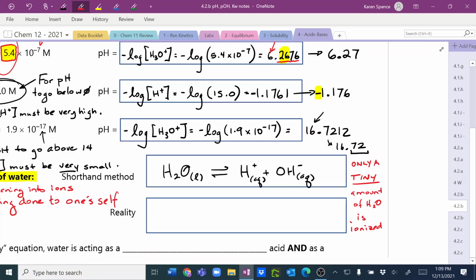What kind of an acid is hydrochloric acid? Strong. That's why you get such a bright light, even though the concentration is not so great.